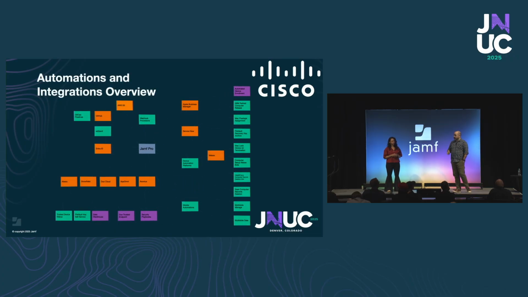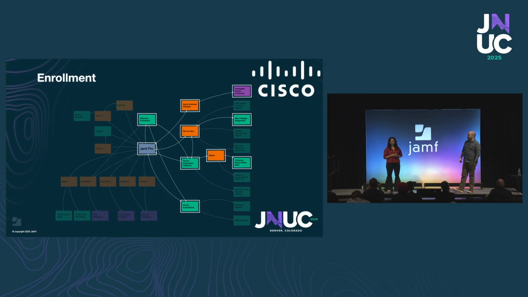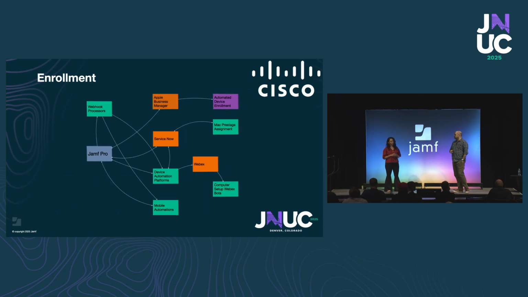And now we're going to start zooming in on some of the more custom ones. So first we're going to talk about enrollment. First, I'm going to tell you that enrollment is the first step for a lot of our users, right? And user experience at that point is key.